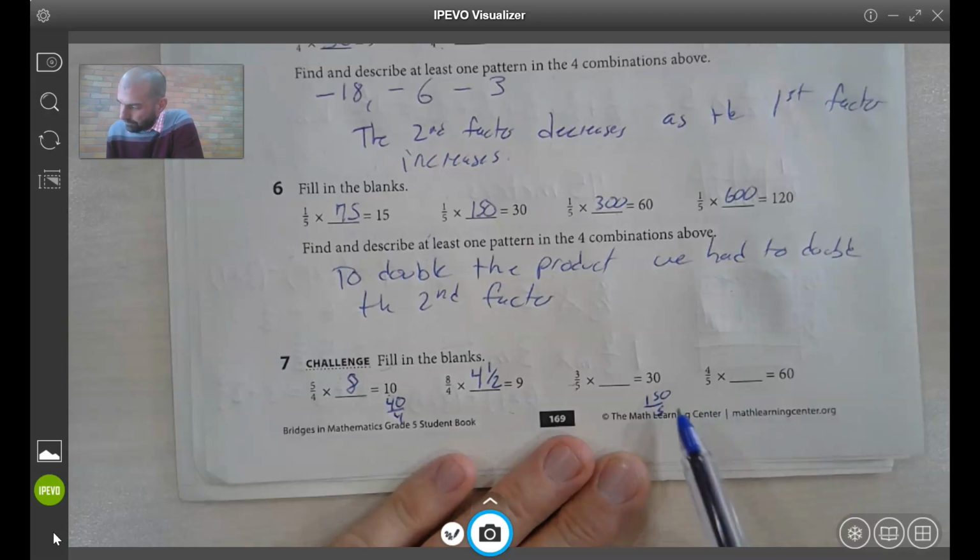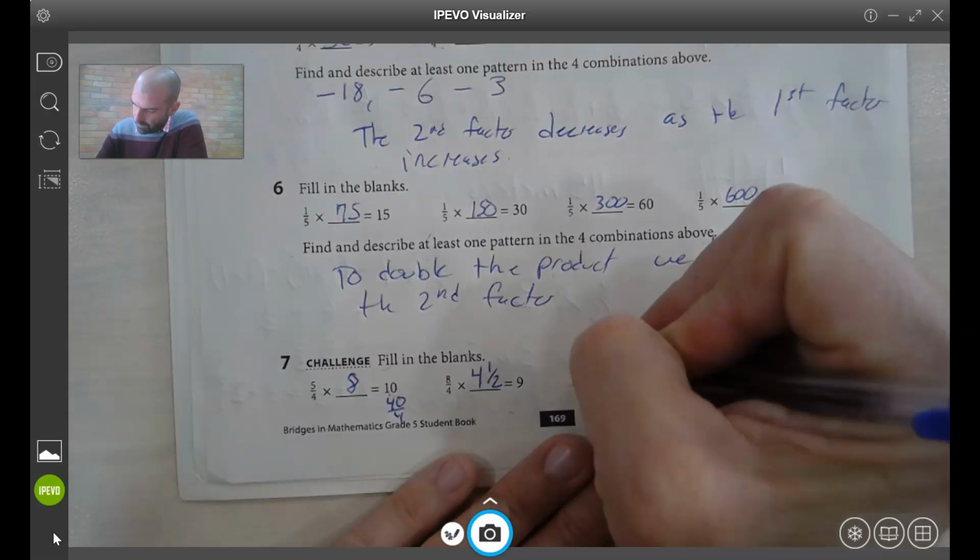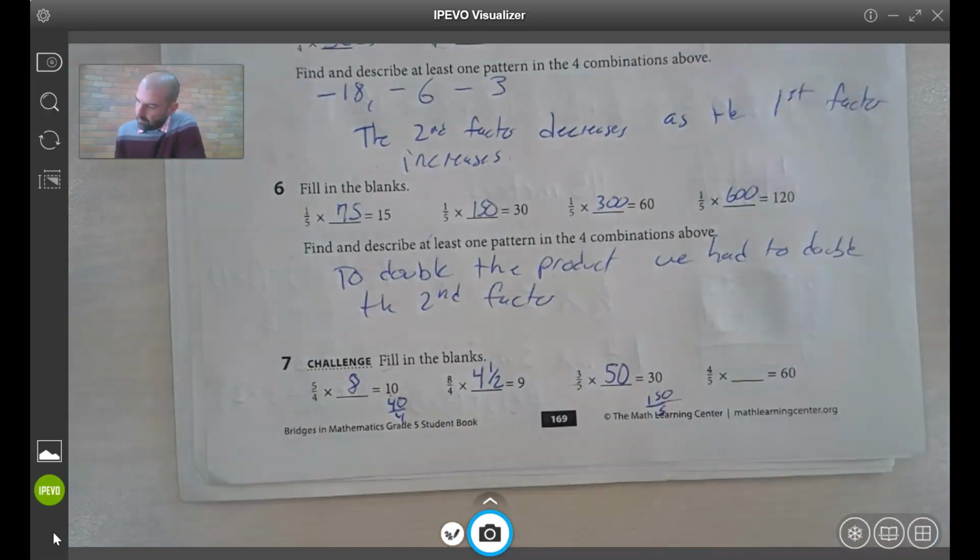So if I have 3/5, how many times would I have to group those to get to 150? 50 times. So 3/5 of 50 equals 30. Let's think of that: 1/5 of 50 is 10, times 3 is 30.